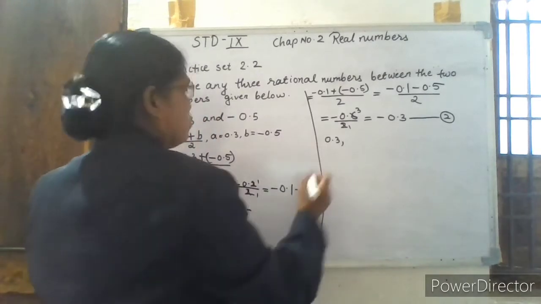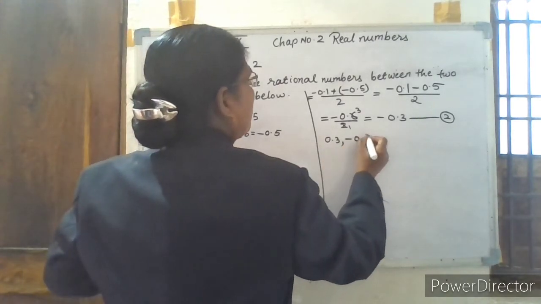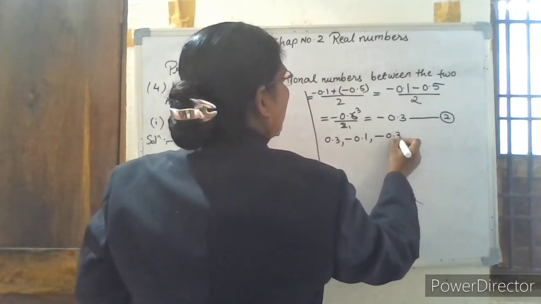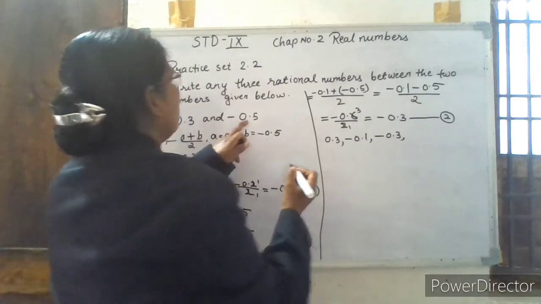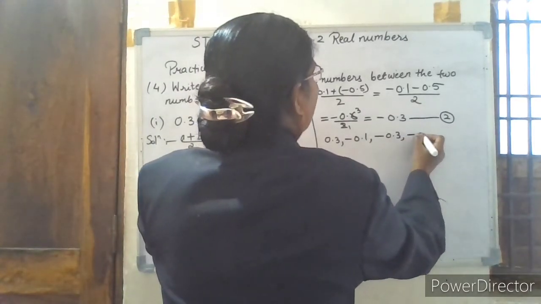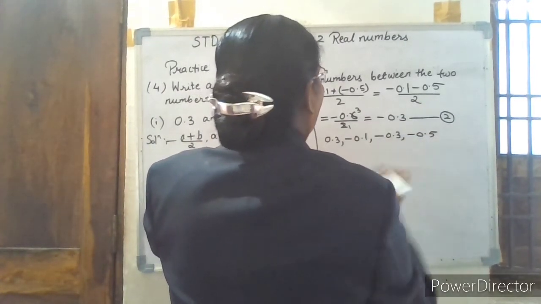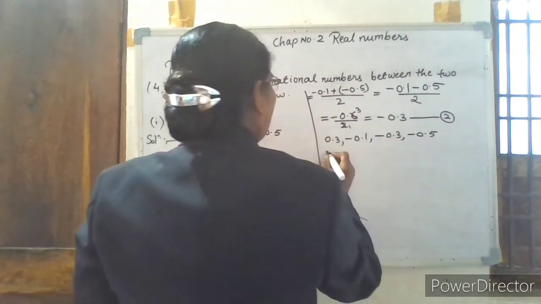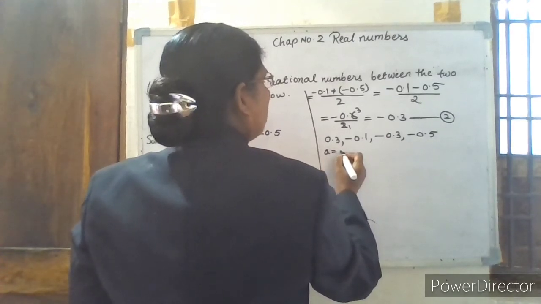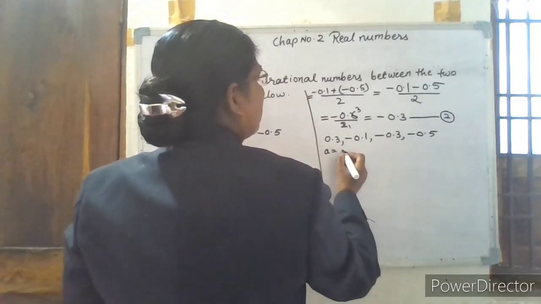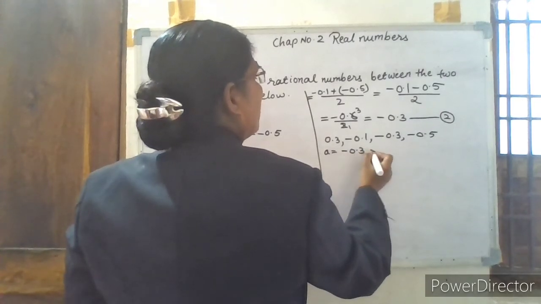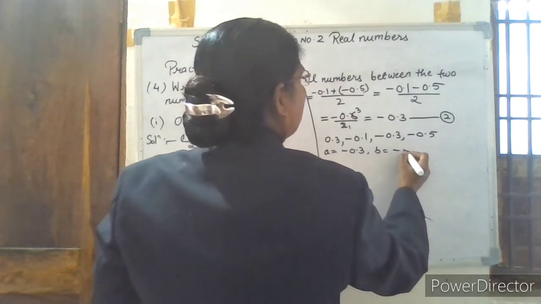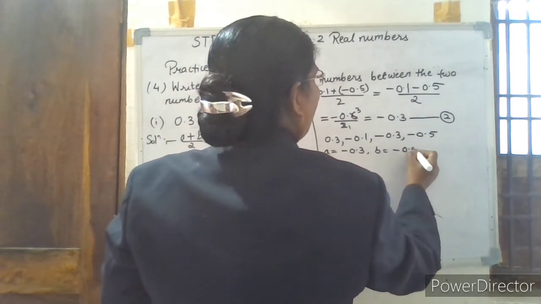Next number is minus 0.1. The next number is minus 0.3 and the last number is minus 0.5. Now again we have to take the last two as A and B. So A is equal to minus 0.3 and B is equal to minus 0.5.